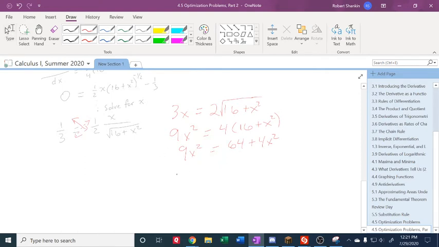Okay, subtract 4x squared, divide by 5. Take the square root. I'm only interested in the positive.